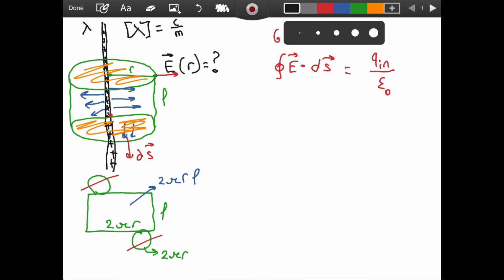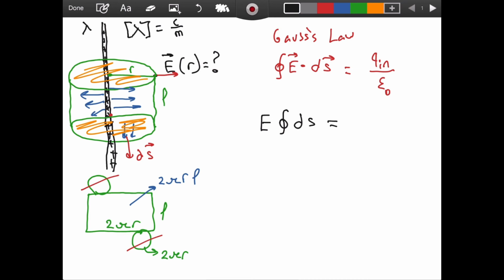So now we are ready to go. Using Gauss's law, we can take E out, and without an arrow, it simply means the magnitude of the electric field. We took it out because at our distance, all E's have the same value. We have the closed surface integral of dS equal to q inside over epsilon naught. Well, what is the q that is inside?